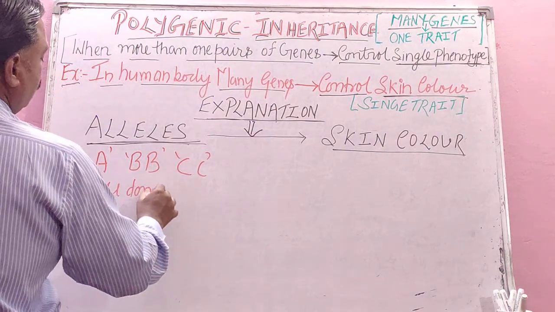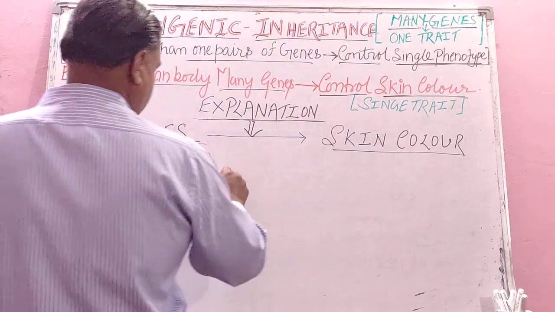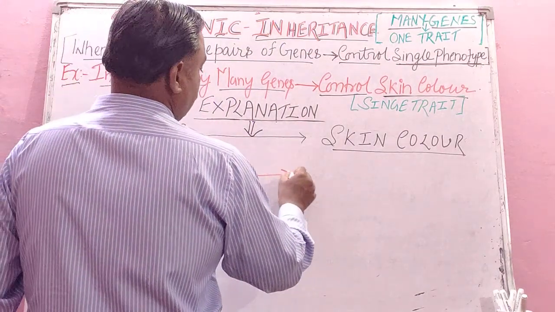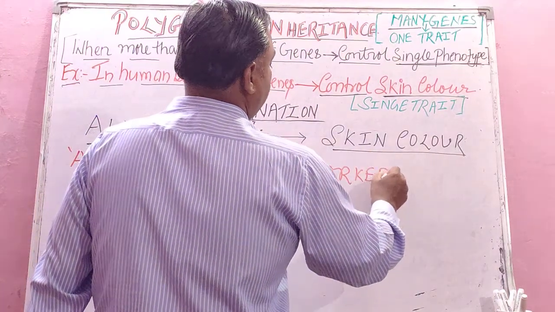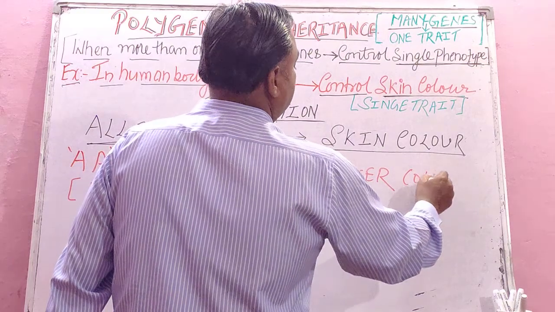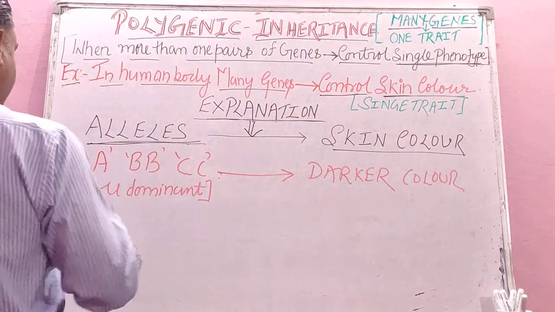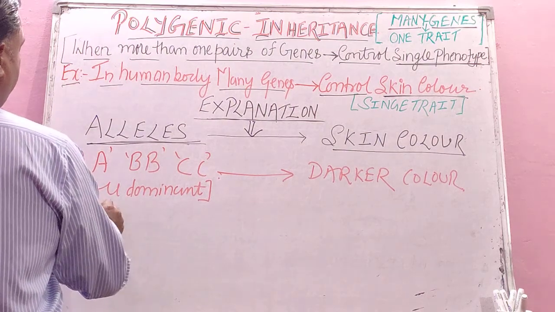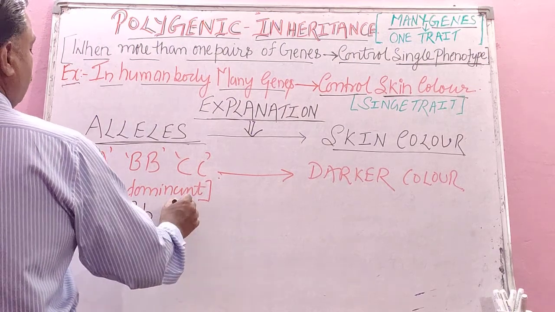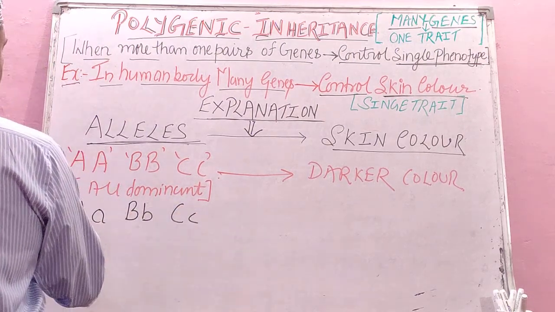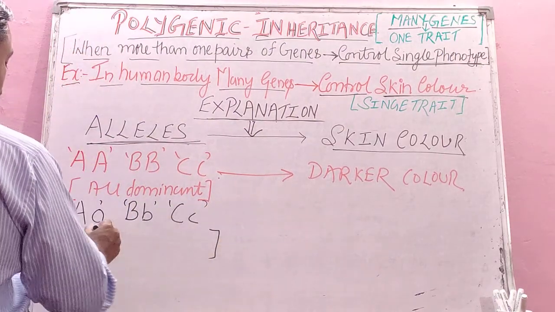These are responsible for, student, darker color of the skin, like in Negroes. Similarly, we have capital A, small a, capital B, small b, capital C, small c. Here in this allele, three dominant.